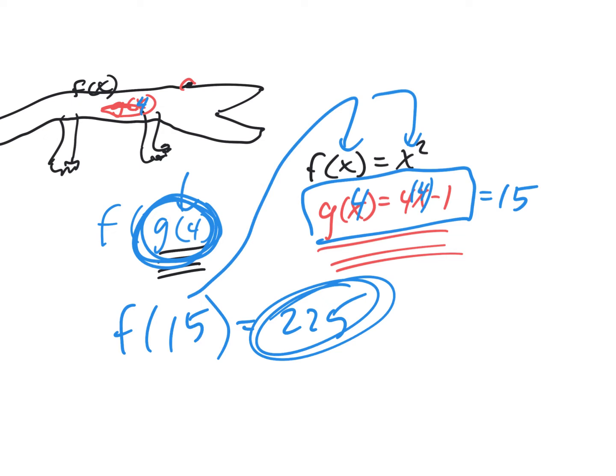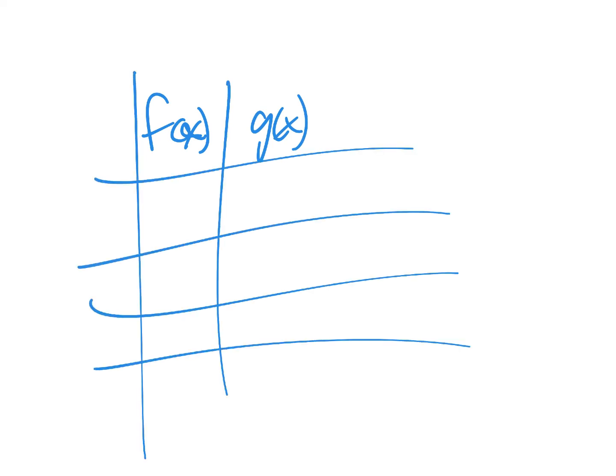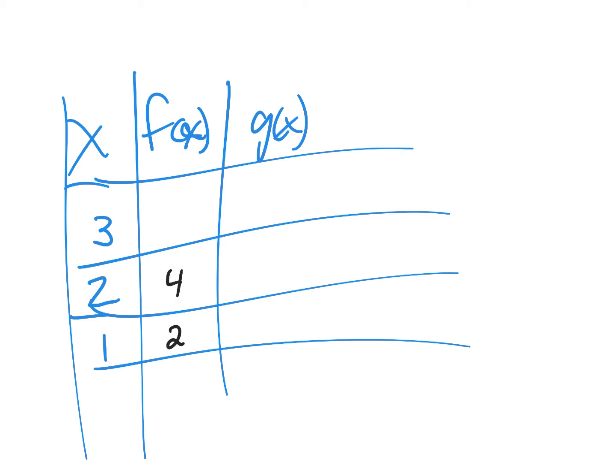All right. Now here's where it gets more complicated. What if there's a chart? x, f of x, g of x. Let's say I put in 1, 2, and 3 for x, and let's say f of x comes out to 2, 4, and 6.